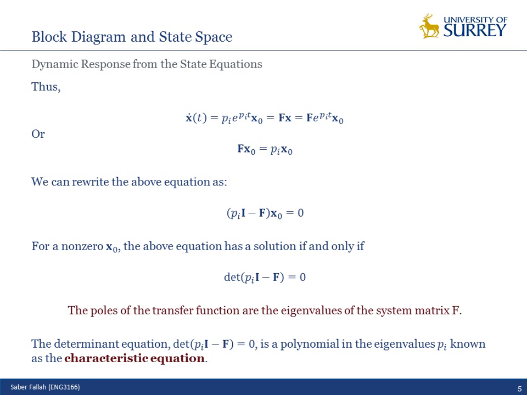We prove that the eigenvalues of F are exactly the poles of the system. Again, in the example from the last lecture, the denominator was s squared plus 7s plus 12. If you calculate the determinant of the matrix F, it will be exactly s squared plus 7s plus 12.